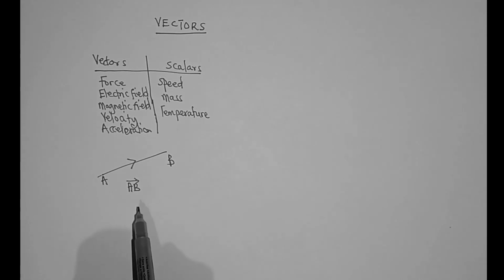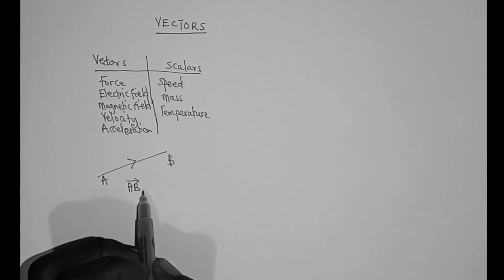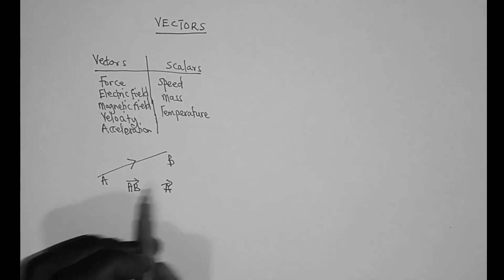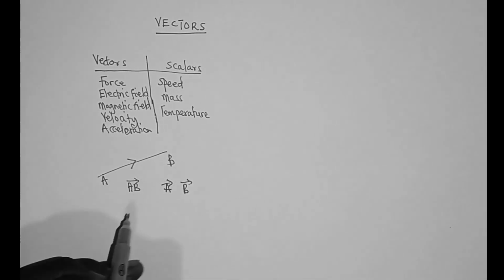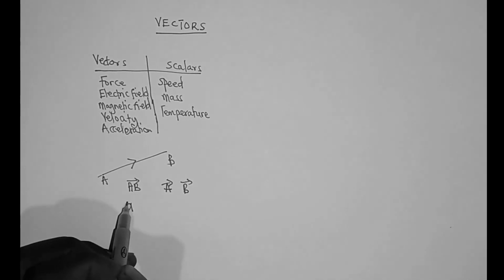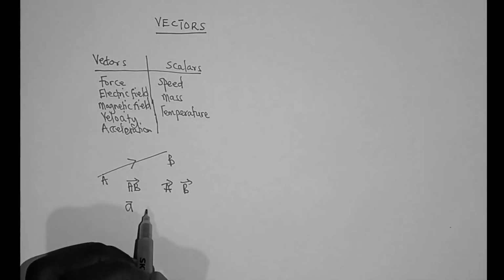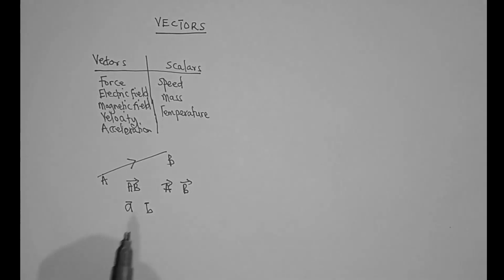Sometimes vectors can also be represented as bar vectors. So instead of writing vector A or vector B in this form, you could choose to write vector A with just a small dash on top, or vector B with just a small dash on top. All of this represents vectors.